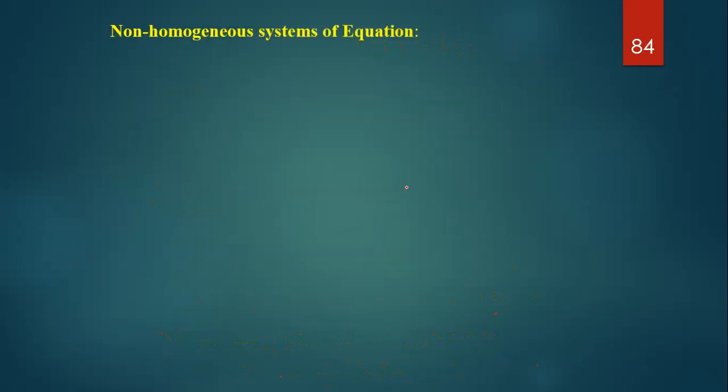Now there are various ways of calculating homogeneous and non-homogeneous equations, but let's come to non-homogeneous. The non-homogeneous one is somewhat more intricate than the homogeneous one, because it consists of the homogeneous equation as well as the particular equations.